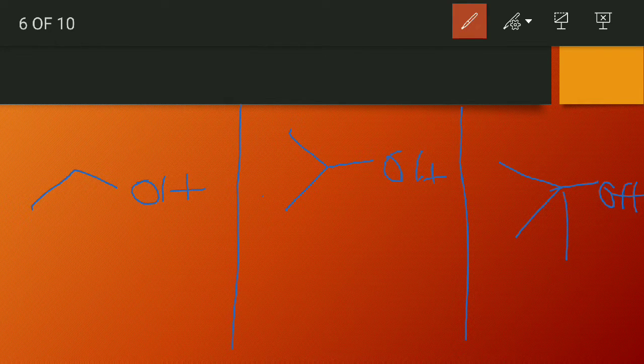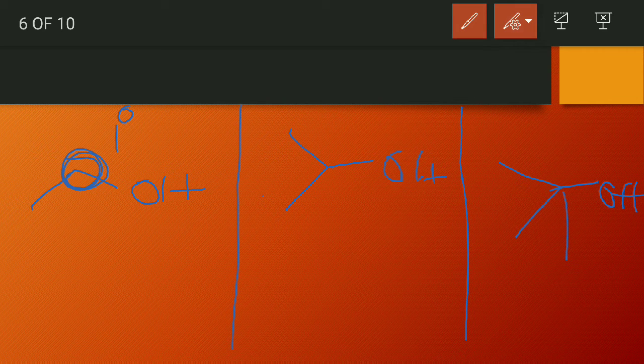In the previous lecture I taught you the degree of carbon, and that is used in this lecture. So what is the degree of this carbon? The degree of this carbon is 1 as it is directly attached to only one carbon.